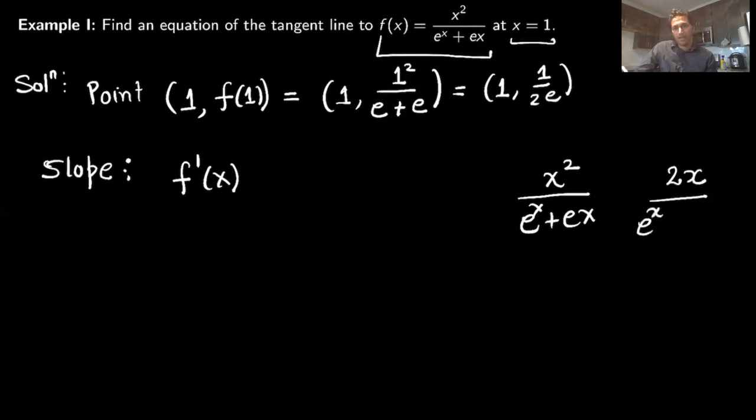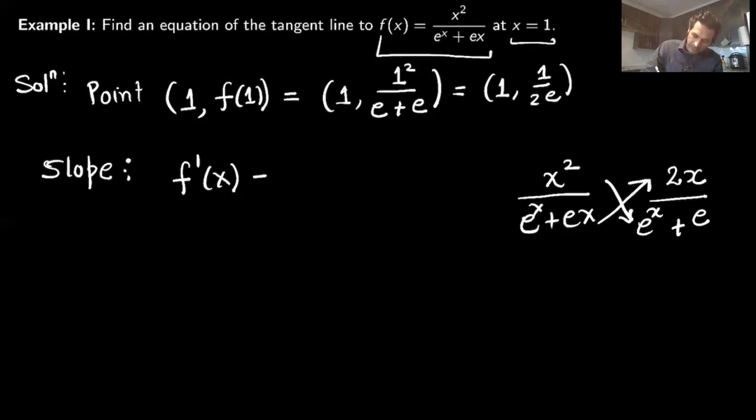The derivative of e to the power x is e to the power x. Then e times x, a constant multiplied by a function x, and the derivative of that function x is 1, so its derivative is just e. And then we read that poem, we say low d high minus high d low.